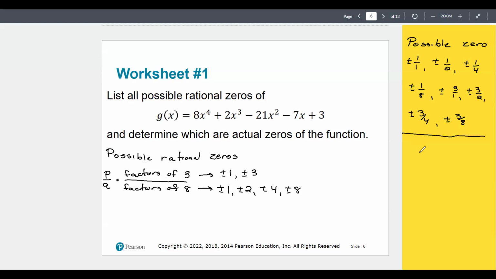So I could have minus 1, 1, minus 1 half, positive 1 half, minus 1 fourth, positive 1 fourth, minus 1 eighth, positive 1 eighth, minus 3, positive 3, minus 3 halves, positive 3 halves, negative 3 fourths, positive 3 fourths, negative 3 eighths, or positive 3 eighths.